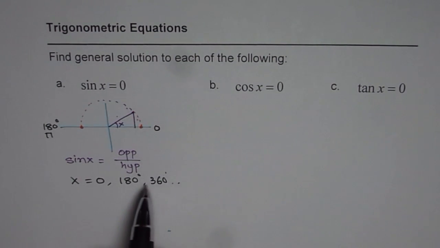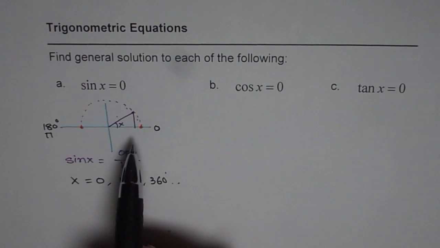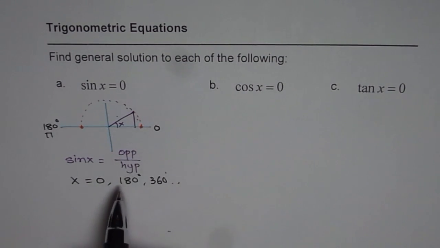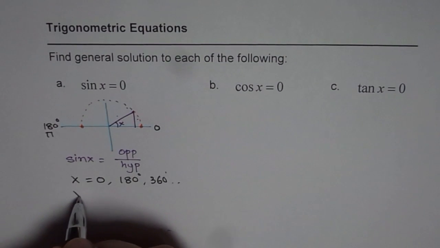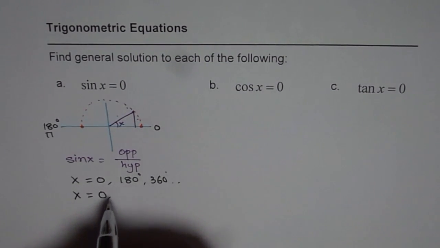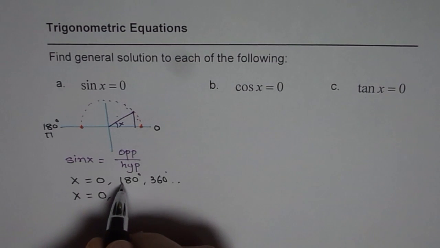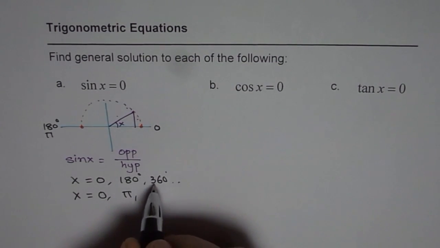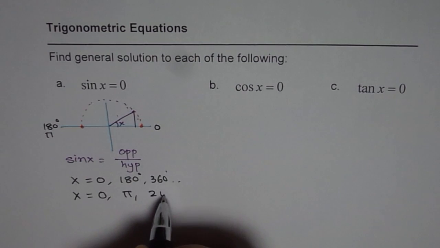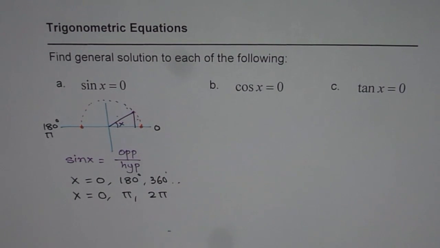So what you notice here is that x is 0 for all multiples of 180. If you are working in radians, the radian equivalent of 180 degrees is pi. For 360 degrees is 2 pi, right? So sin x is 0 for x equals to 0, pi or 2 pi.